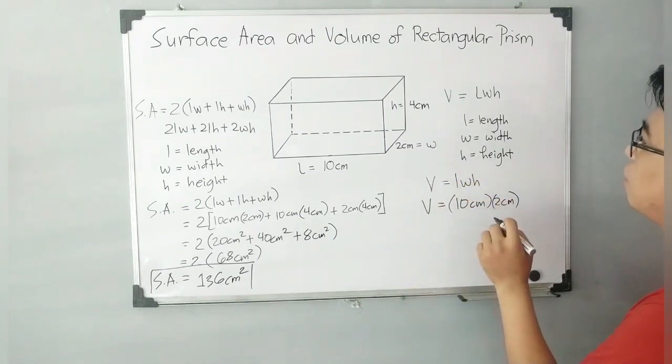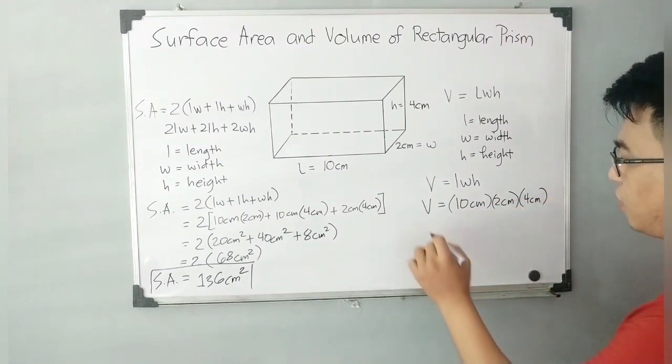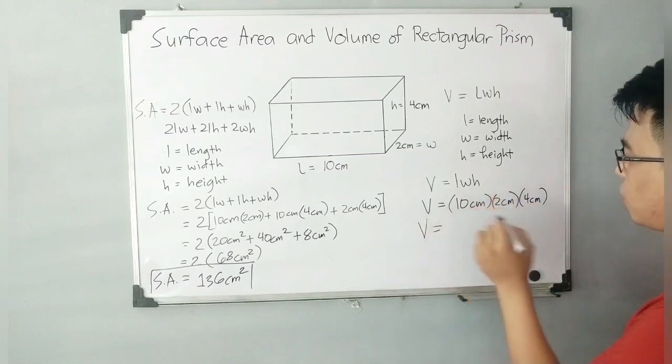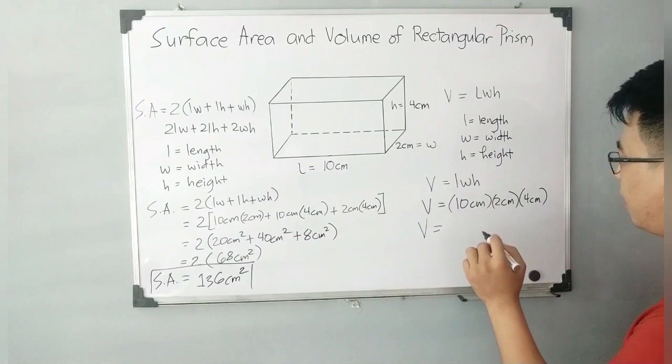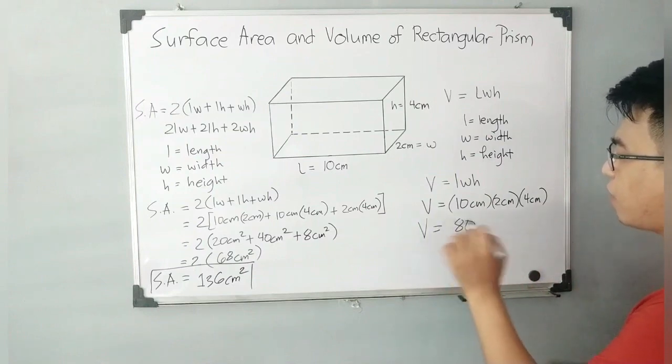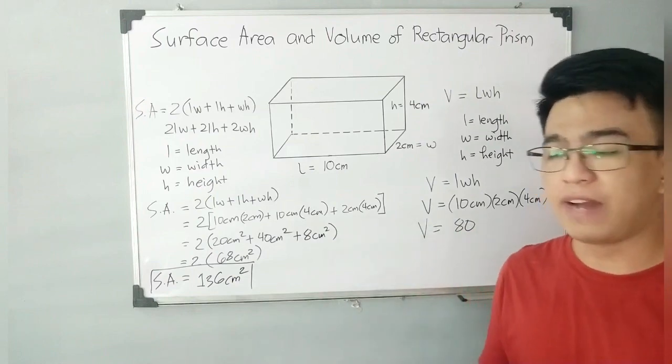And then for the height, that is 4 centimeters. So your volume is equal to 10 times 2, that is 20, and then times 4, that will give you 80. Pero, eto na, marami kasing nagkakamali dito when it comes to unit of measurement sa final answer.